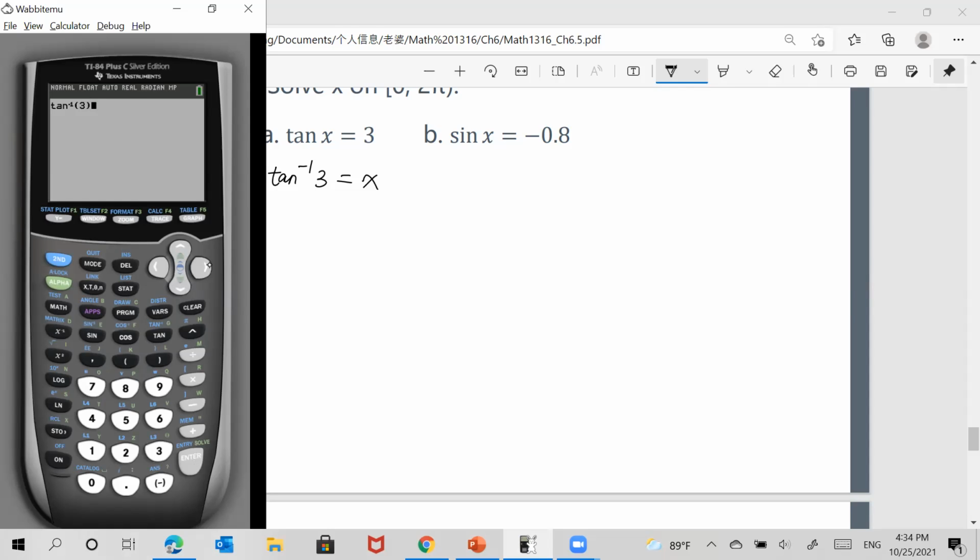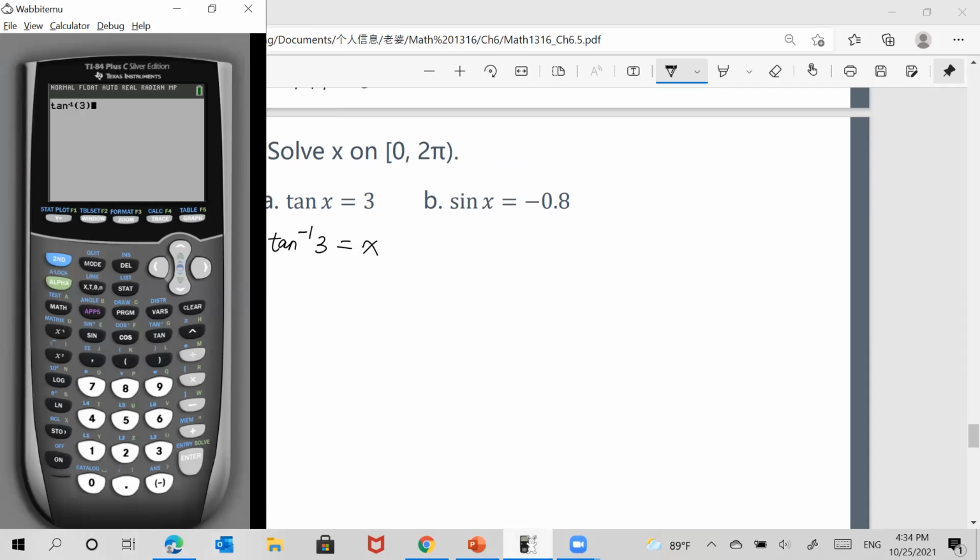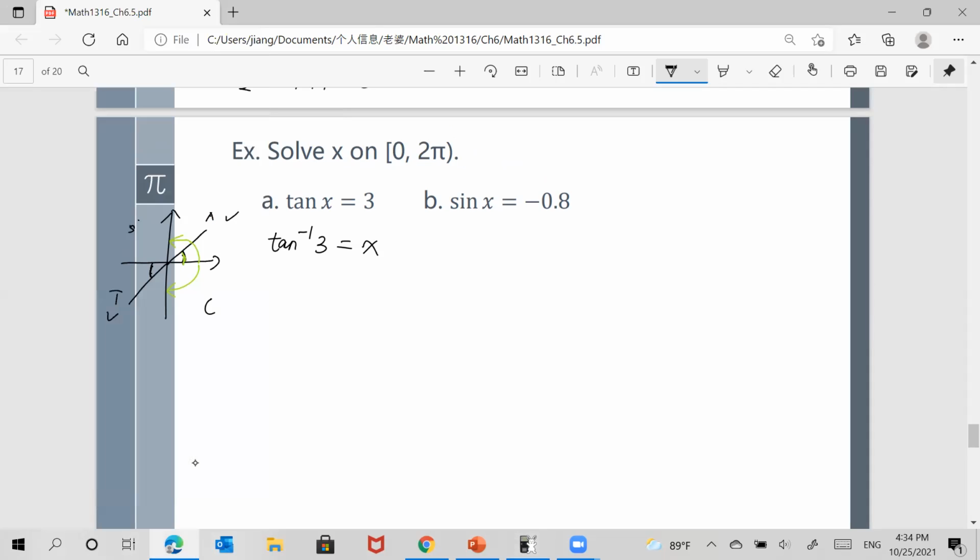Because the question says solve for x on 0 to 2 pi, this is radian, so we need to set our calculator to radian form, and then hit enter. So x equals 1.249, approximately, if we keep 3 decimals.